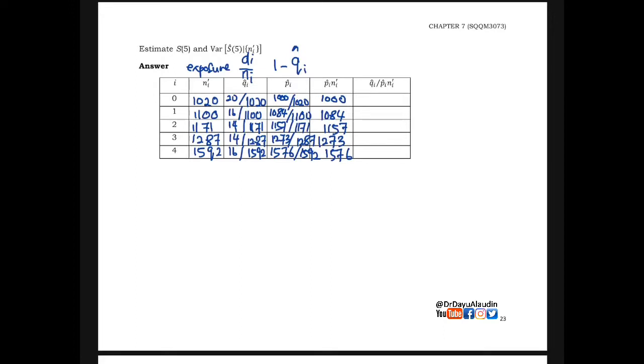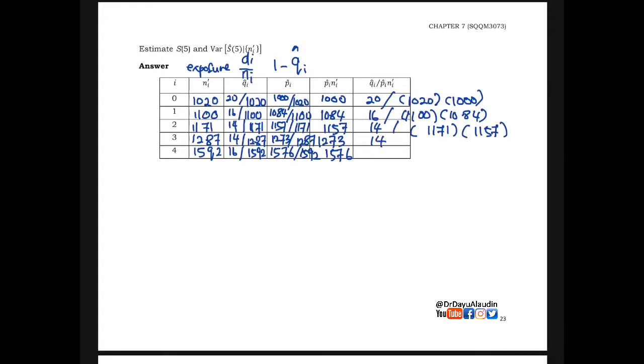So for Qi over Pi Ni, you substitute all the values. So we get 20 over 1000 times 1020, 16 over the Pi times Ni. This one is 14 over 1171 times 1157.